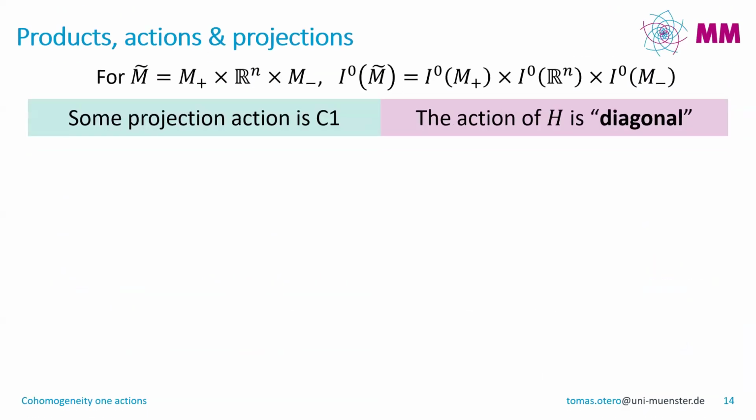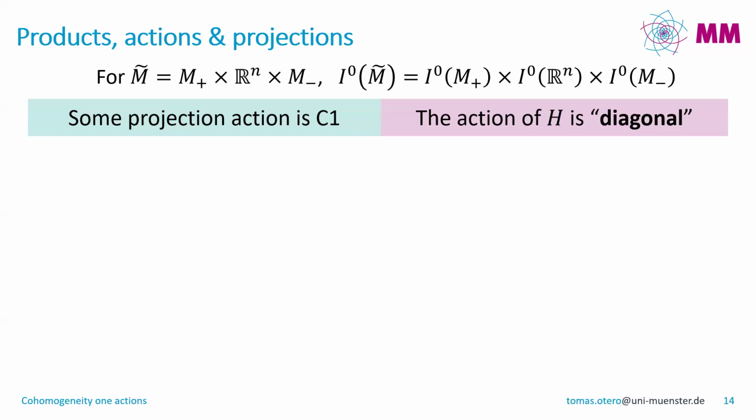And so let's go back to our setting of simply connected symmetric spaces. Fix the decomposition of M tilde as M plus times Rn times M minus, the compact, Euclidean and non-compact factors. And in this case, the whole space M tilde splits as the product.